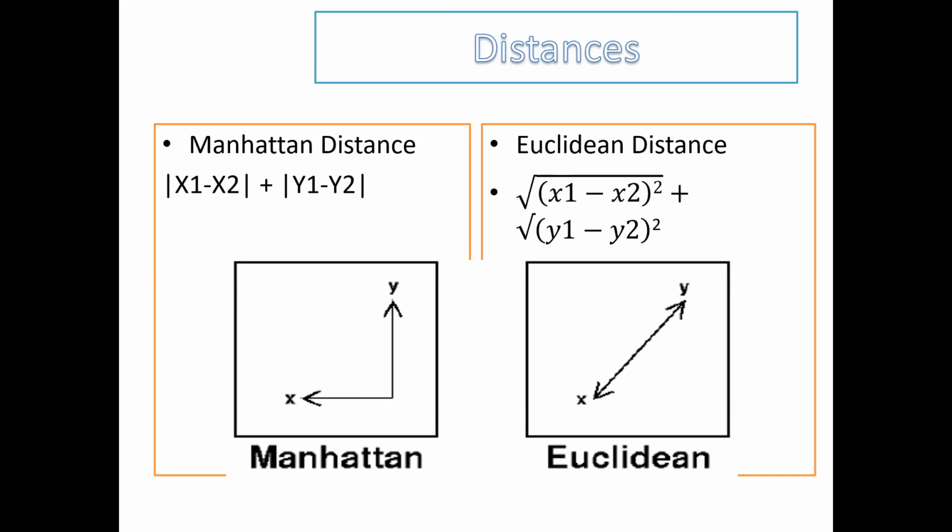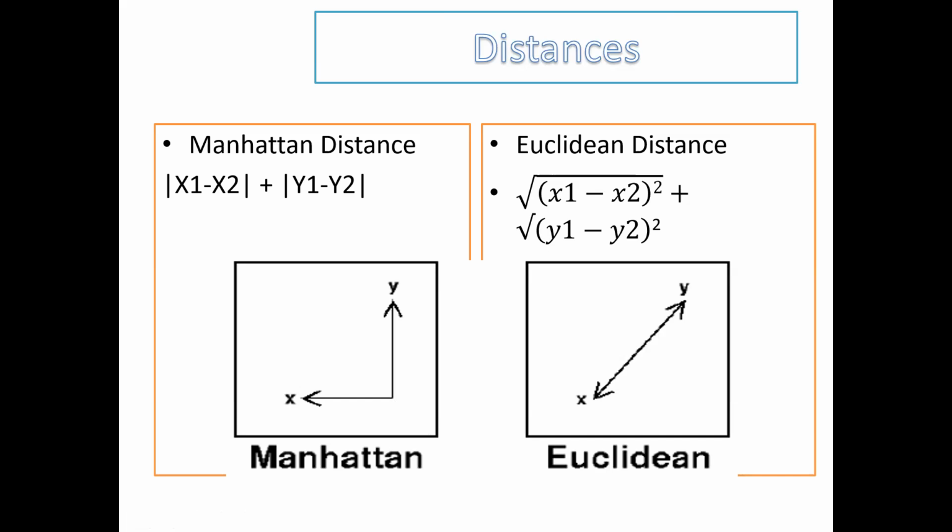From this point to this point, the distance along the X-axis is x1 minus x2. Let's say this point is x1, and this point is x2. So this distance is x1 minus x2, and I take the mod of that because I do not know whether x2 is higher than x1 or x1 is higher than x2, plus the same for y1 and y2. So basically it is the horizontal and vertical distance. I add that up. It's like how the rook moves. That's Manhattan distance.